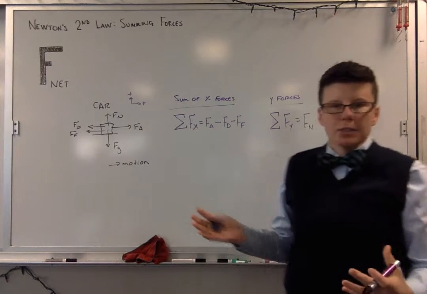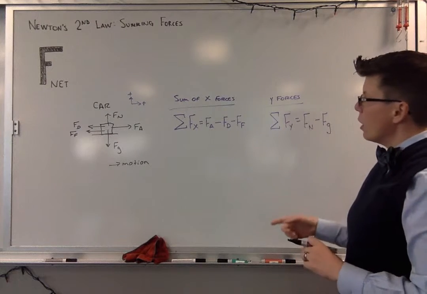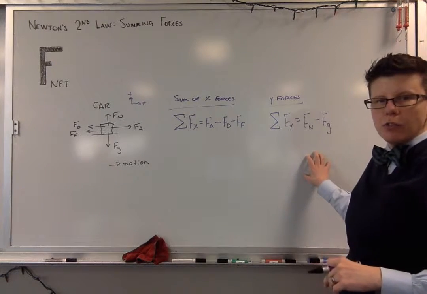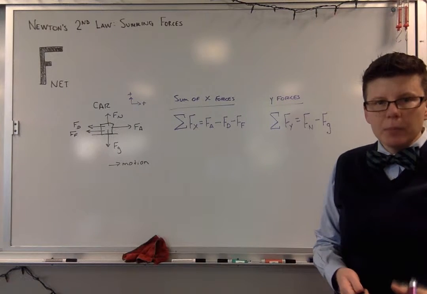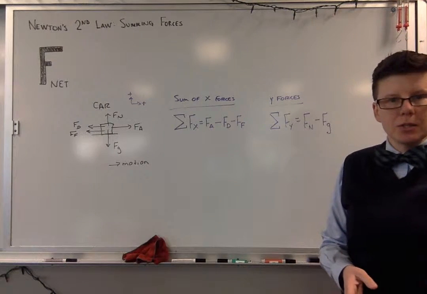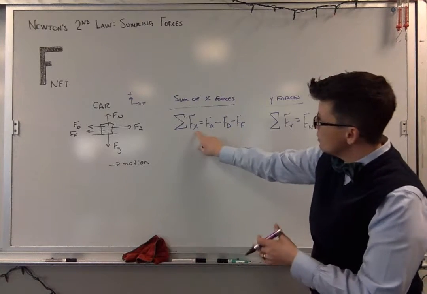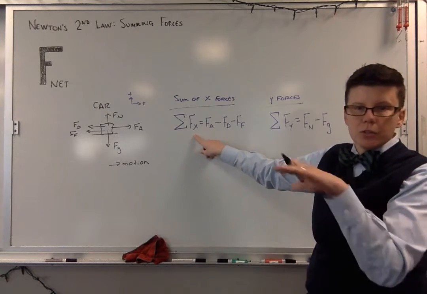This is what it would look like to sum up all the forces acting on that car. I've separated horizontal and vertical in order to analyze them separately. Now Newton's second law, remember, says net force equals mass times acceleration. So here, this is a net force. It's a net in the horizontal direction.